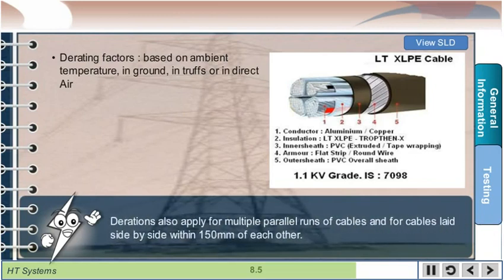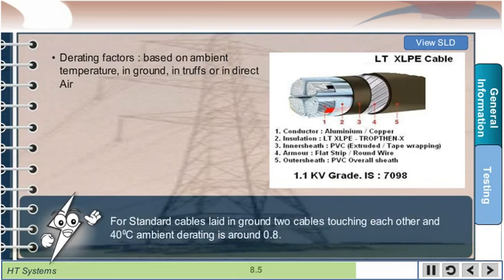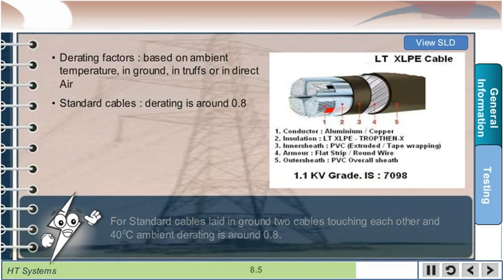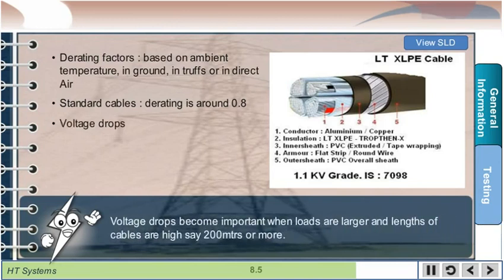Deratings also apply for multiple parallel runs of cables and for cables laid side by side within 150 mm of each other. For standard cables laid in ground, 2 cables touching each other and 40 degrees Celsius ambient, derating is around 0.8. Voltage drops become important when loads are larger and lengths of cables are high, say 200 meters or more.